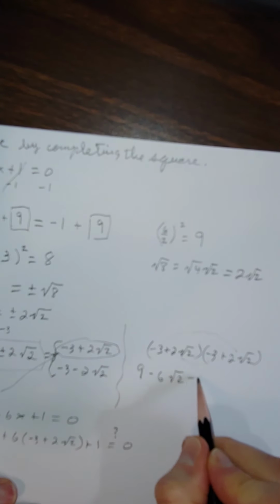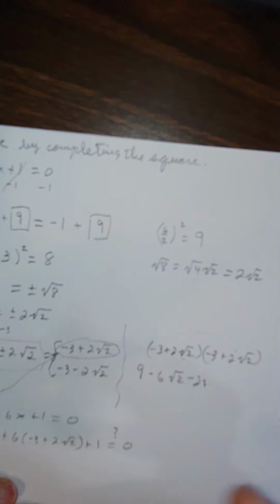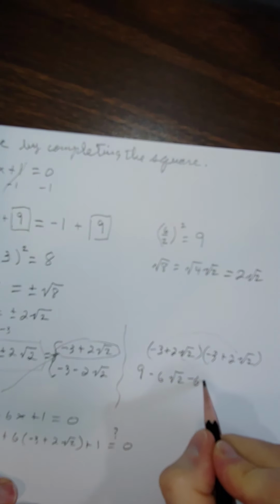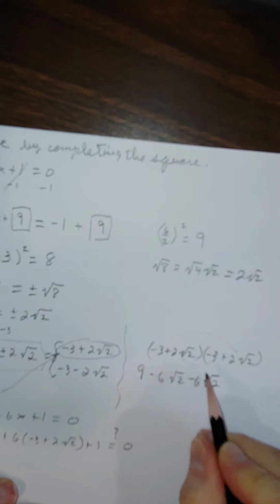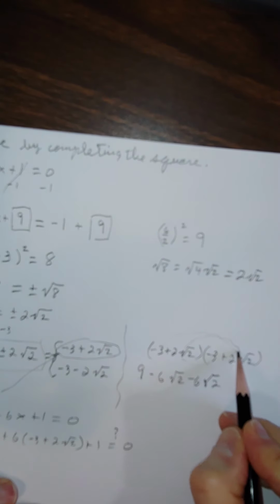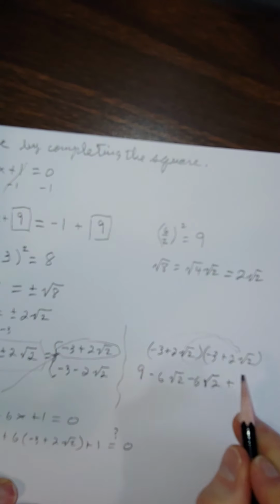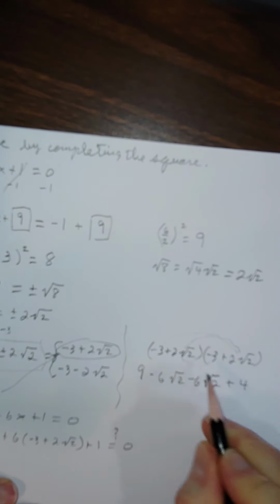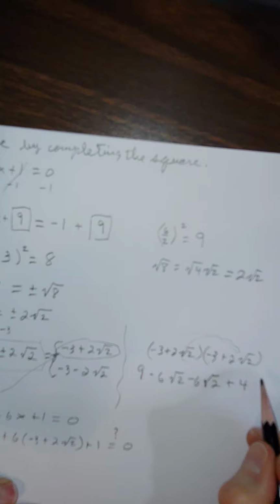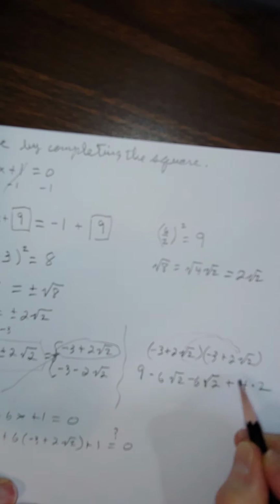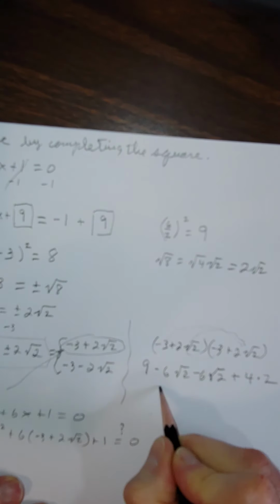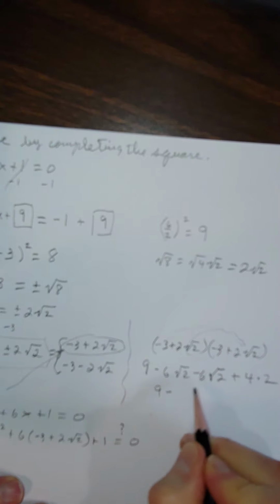Insides, that's also -6 times the square root of 2. And then last times last, that's plus, because they're both pluses. It's 2 times 2, 4, times square root of 2 times square root of 2, 2, or 8. So it's 9 minus 12 square roots of 2.